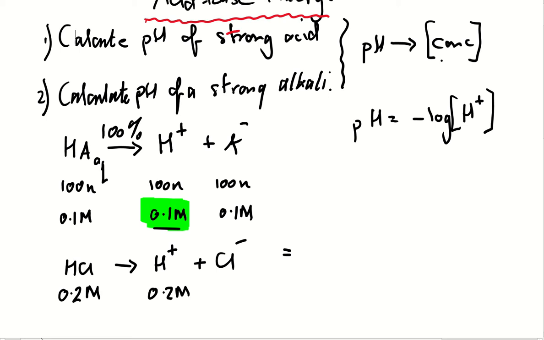The pH of that solution would be minus the log of the hydrogen ion concentration, which is of course 0.2, and therefore the pH of your solution is 0.7. That's kind of what you'd expect. You expect a low pH because you have a strong acid in here. So that's pretty straightforward, simple stuff.